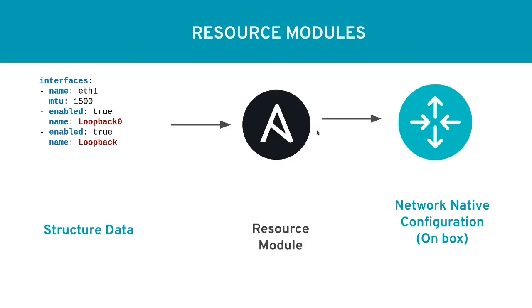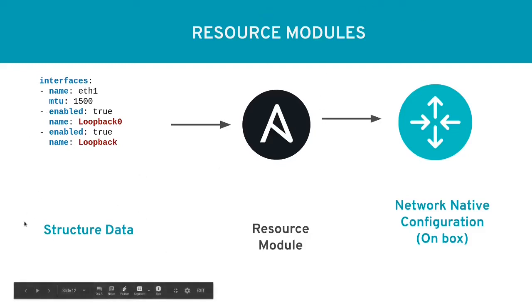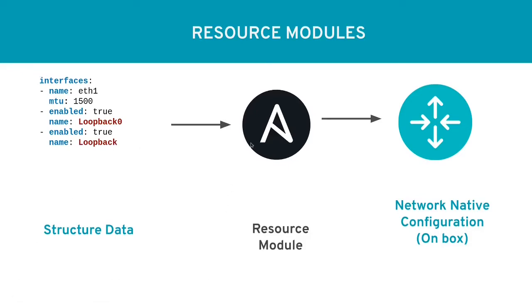So with the resource module, we have structured data as input, and then the resource module acts on it and provides the commands which are supported by the platform or network device, and then ultimately those commands get executed on the device.